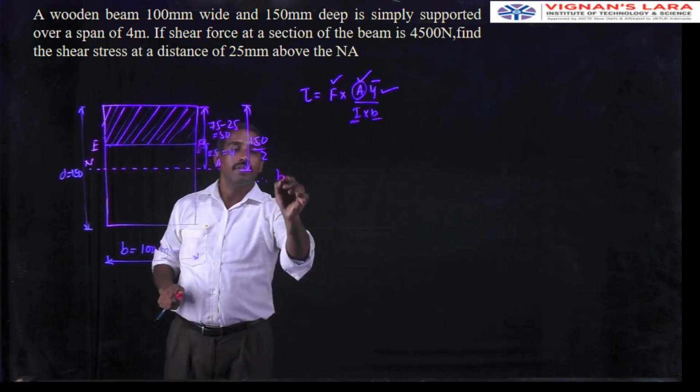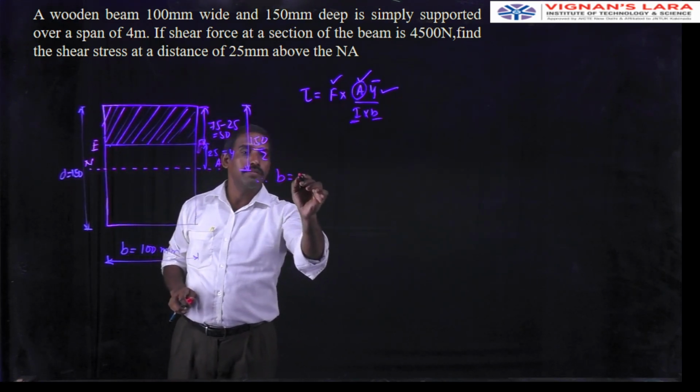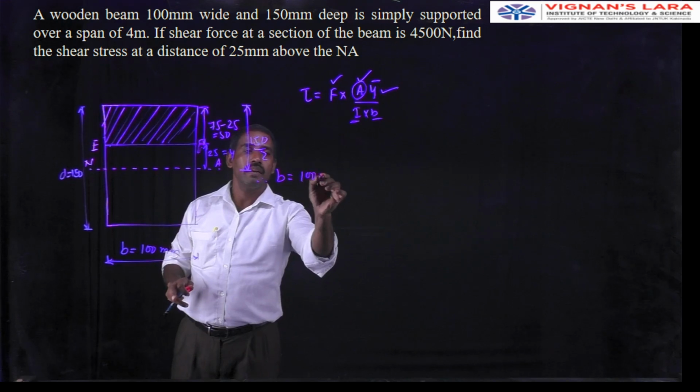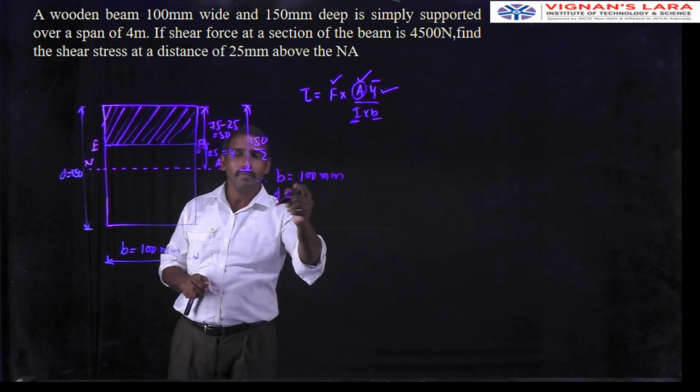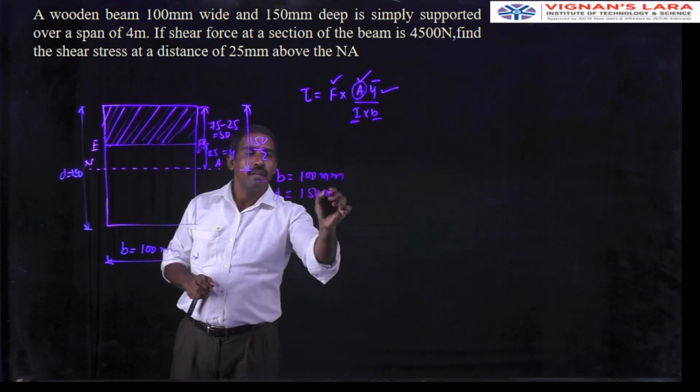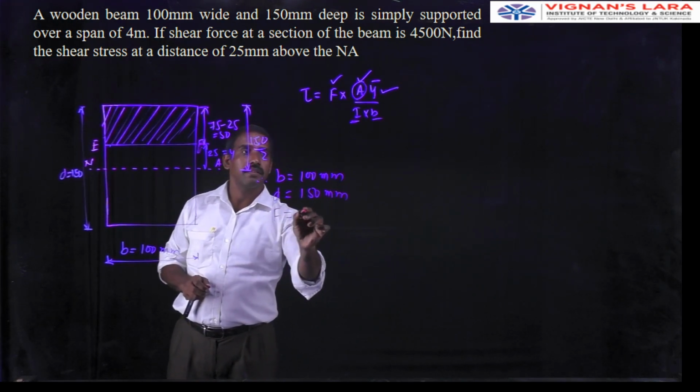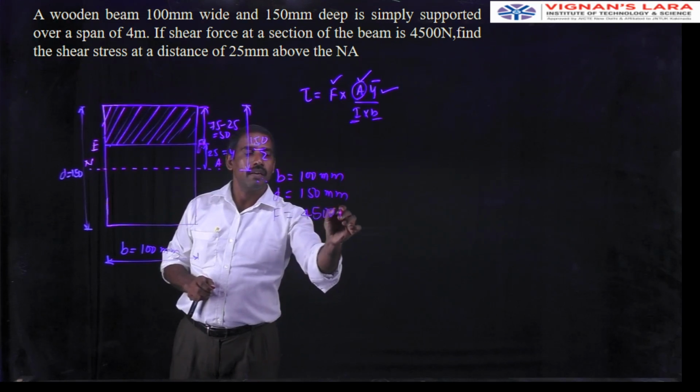Therefore, we know the B value, that is equal to 100 mm, the D value is 150 mm, and F is also given, that is equal to 4500 newtons.